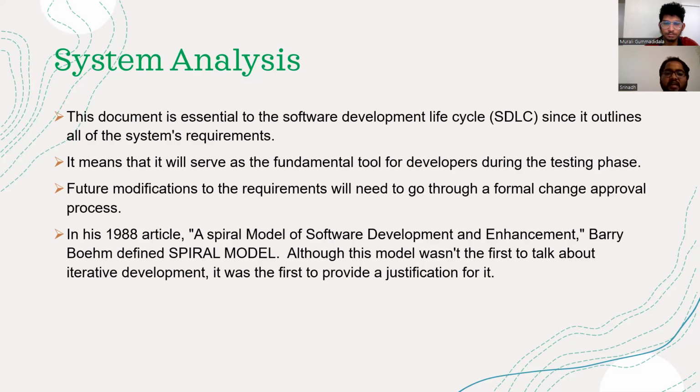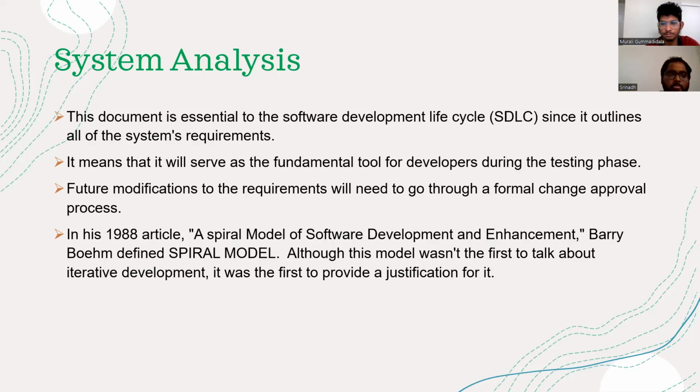In his 1988 article, A Spiral Model of Software Development and Enhancement, Barry Boehm defined the spiral model, which is used for system analysis and also database management systems.